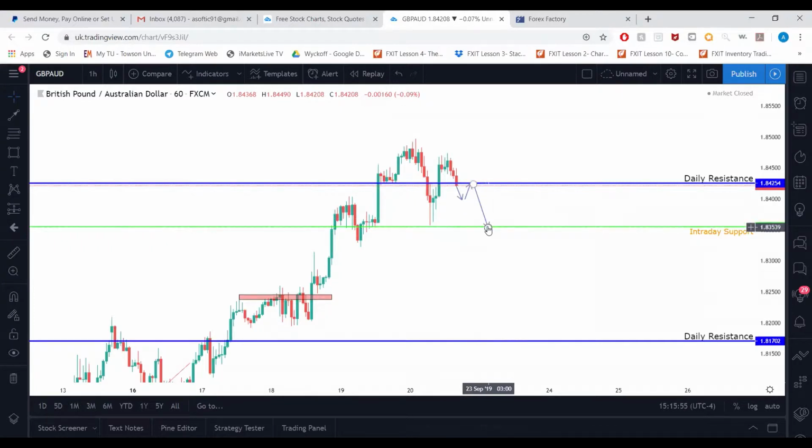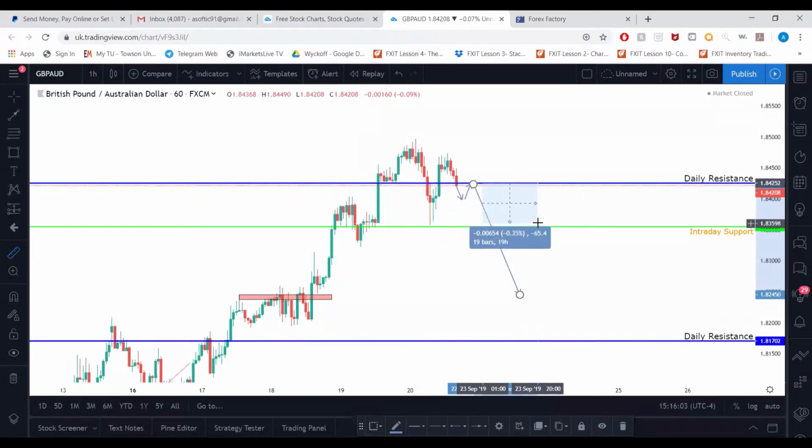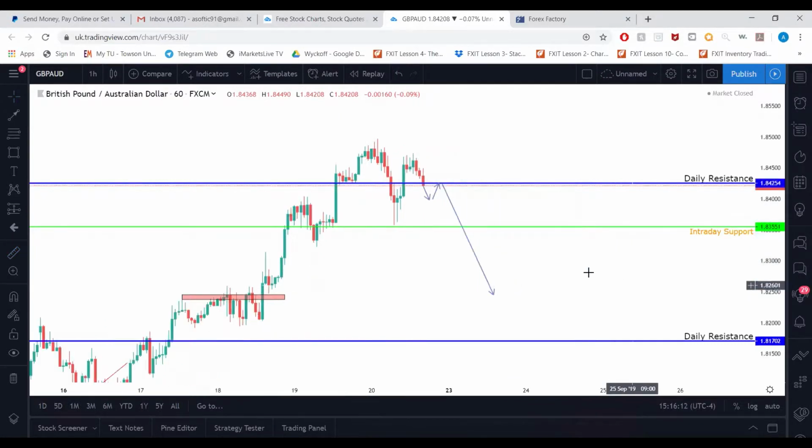If this breaks, the second one would be right here, this zone. So if this confirms that the price is reversing back down, the first take profit is 70 pips, the second one is 178 with a small risk.